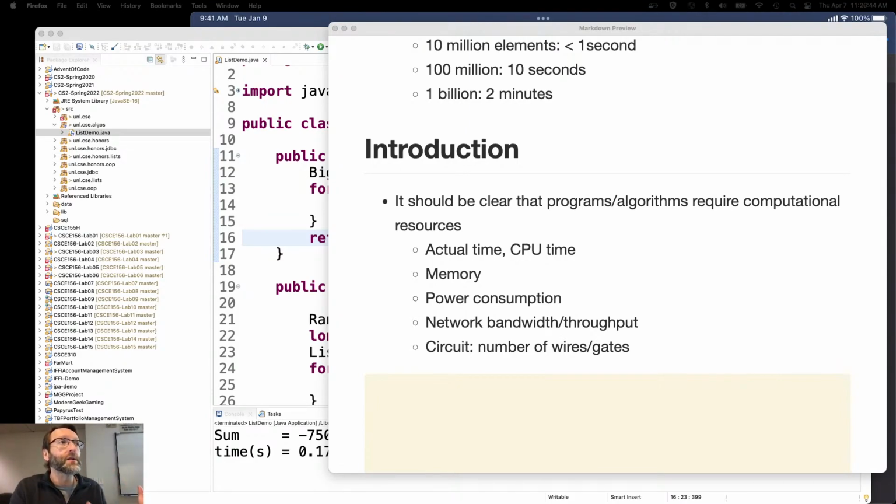The power consumption goes down. The area on the die that you have to print your circuit on goes down. Because fewer gates, fewer wires means smaller circuits, and you can fit more of them onto a silicon die.